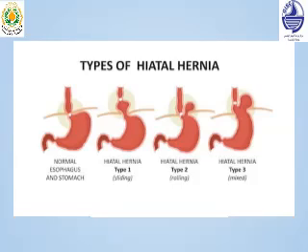Here, the lower esophageal sphincter has migrated upward in the chest, and this leads to weakness in this area and in the lower esophageal sphincter, and this will lead to backflow and reflux of the acid inside the esophagus, and the patient suffers from GERD and acid reflux.